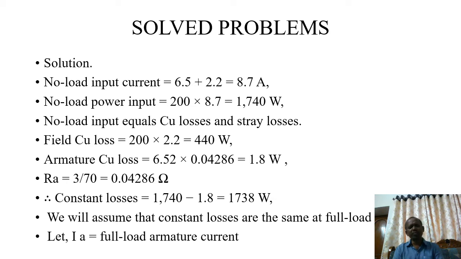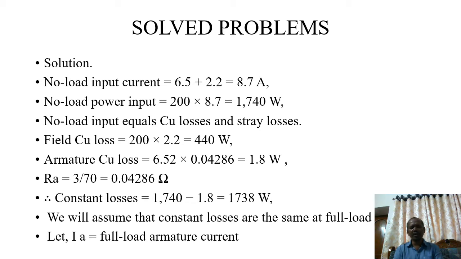No load power input is 200 into 8.7, because the voltage applied is V equal to 200 volts and the no load input current is 8.7 ampere. Then no load power input is 200 into 8.7, 1740 watt. No load input equals copper losses and stray losses.